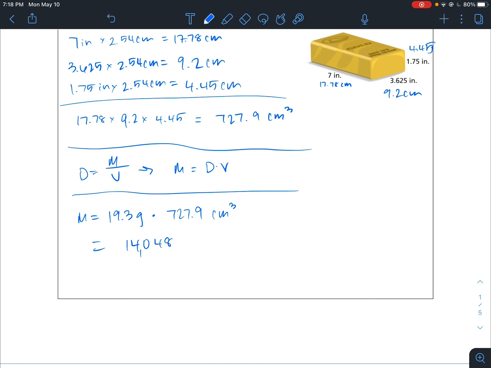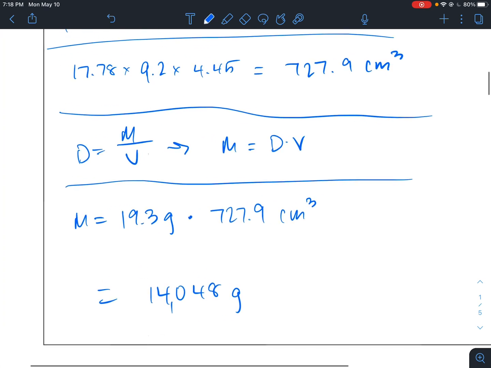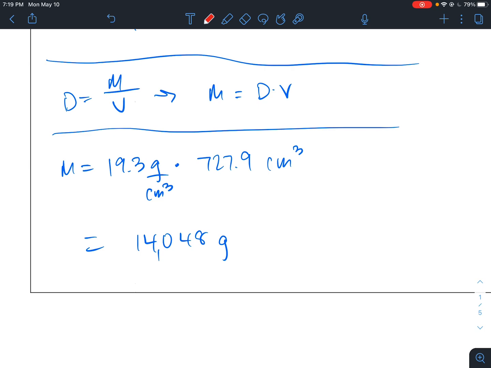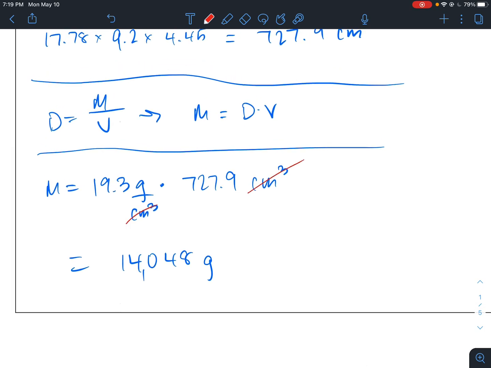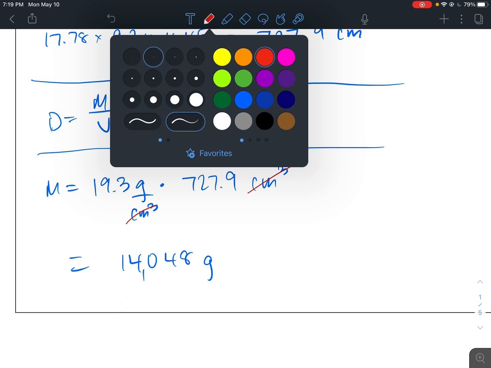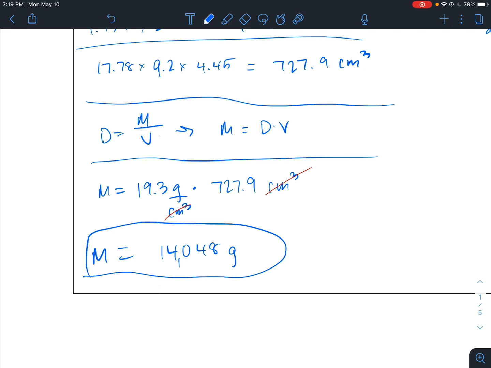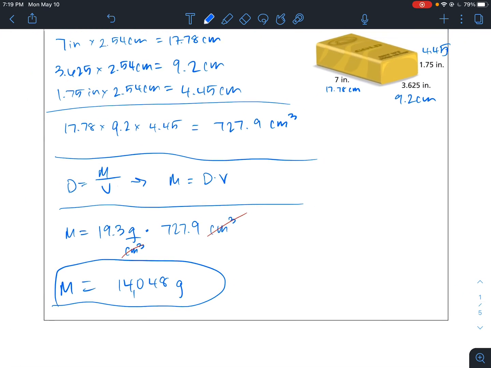So this would be grams. Also, these units should be per centimeters cubed. Density is grams per cubic centimeter, and volume is in cubic centimeters, so whenever you multiply these, the cubic units will cancel, and you'll just be left with grams, which is how you come up with the correct unit. Okay, so there you go. The mass of this gold bar is 14,048 grams.